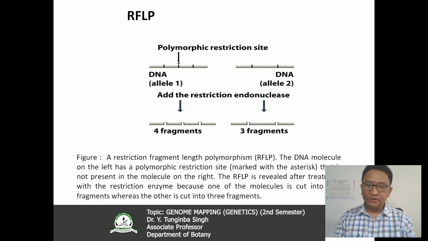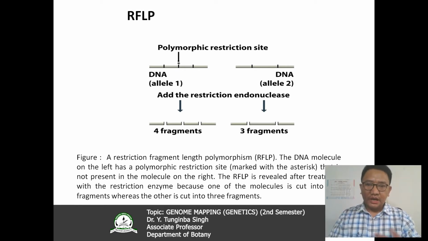So the number of fragments in allele 1 is going to be 4, and in allele 2 it is going to be 3 fragments. Restriction enzymes recognize a particular site in the genome and cut the DNA. This is how RFLP mapping, based on the length of polymorphic DNA, can be done.